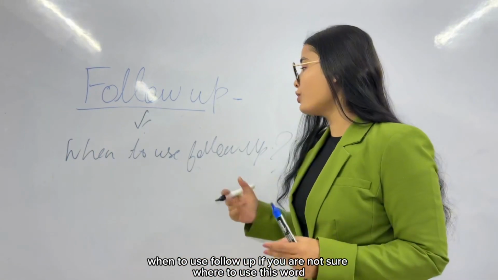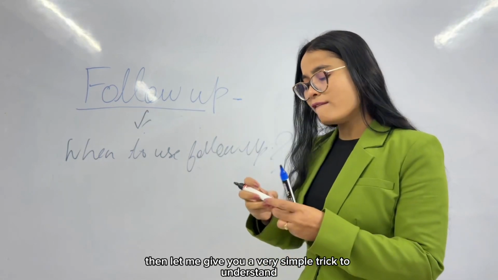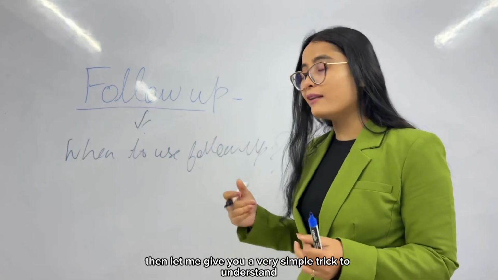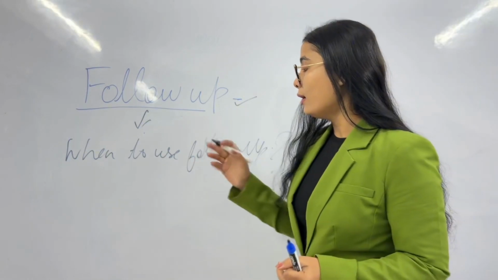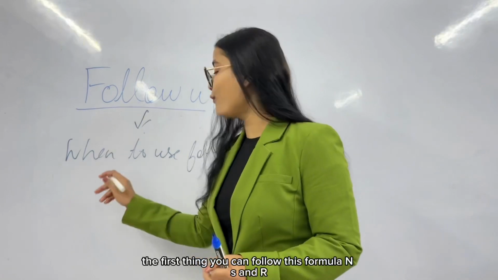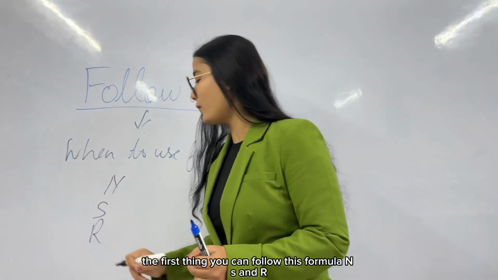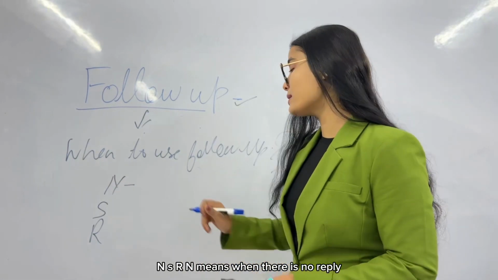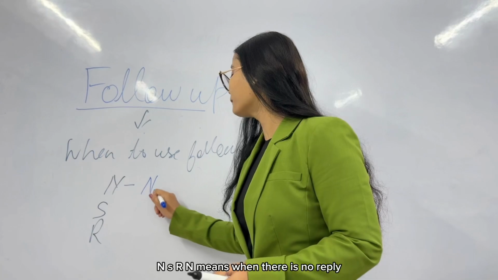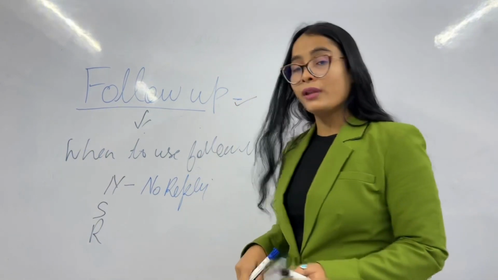If you are not sure where to use this word, then let me give you a very simple trick to understand when you can use this word in your emails. The first thing, you can follow this formula N, S, and R. N means when there is no reply.